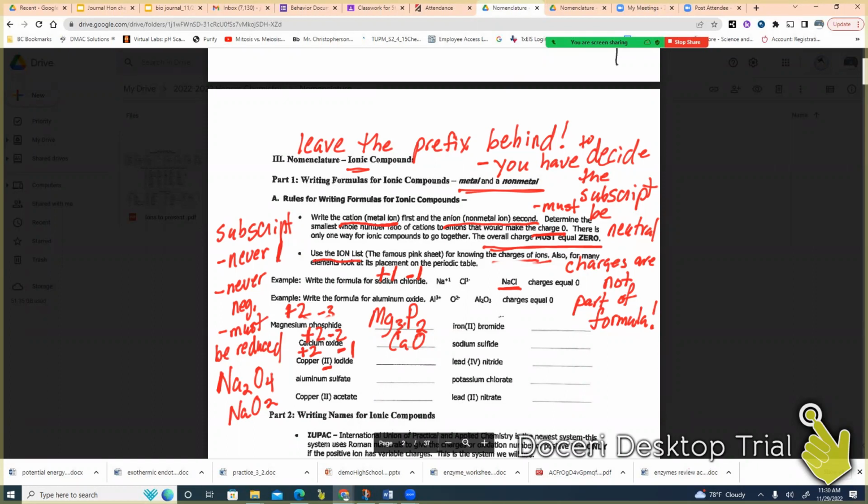So if I think of them as switching places, the 1 would come to the copper, but we do not write a 1. The 2 would come to the iodide. So I would have I2 on that one. When I do that, I have a +2 on one side and a -2 on the other side.